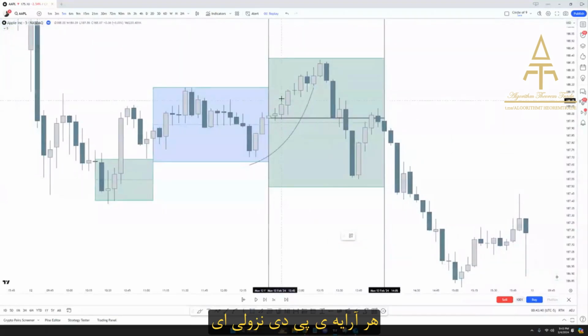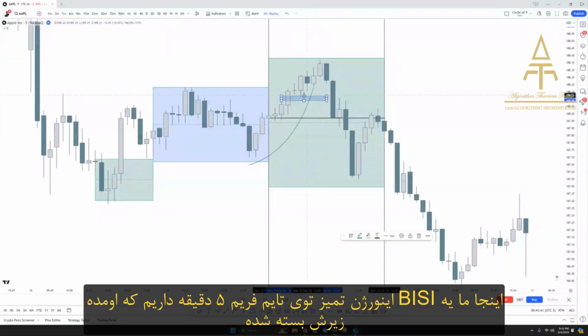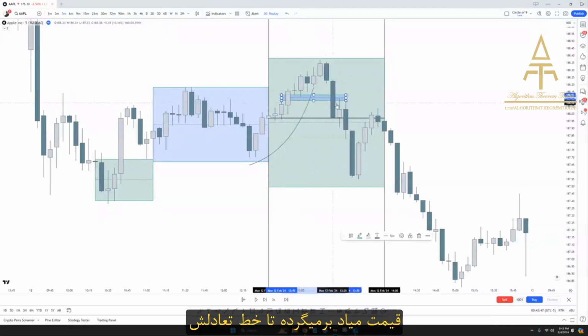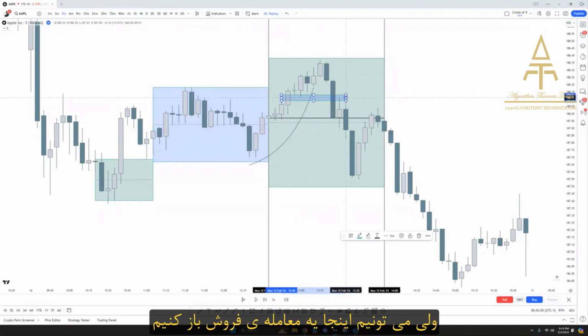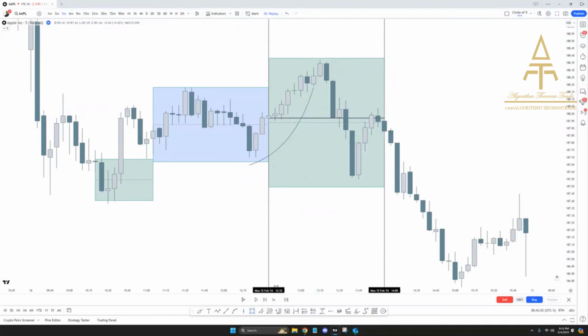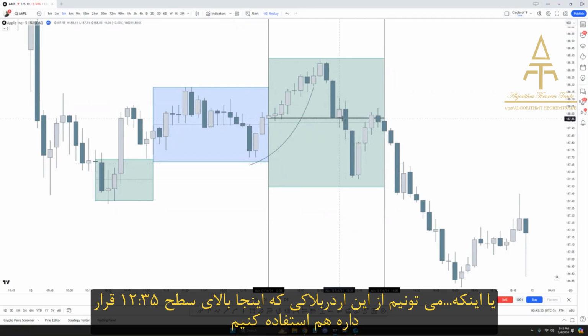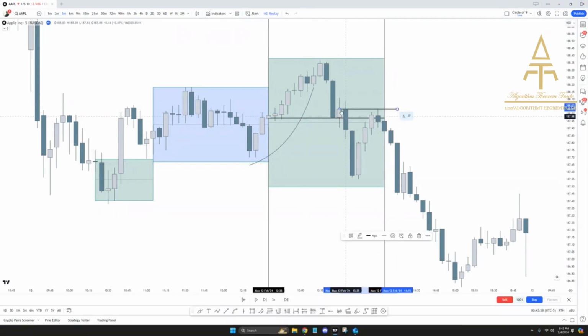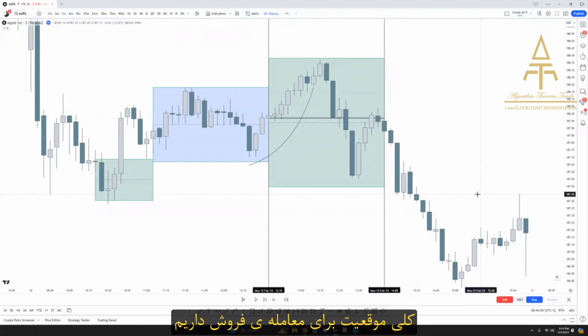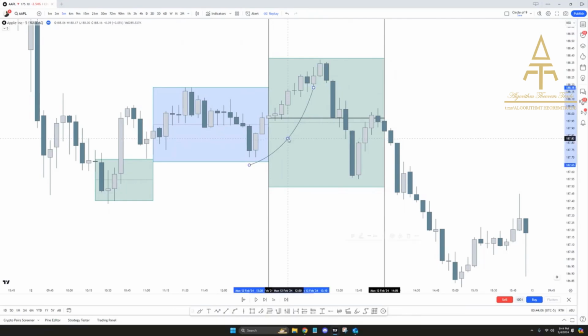So any bearish PD arrays. Here we got a clear bisi inversion on the 5-minute, close below. Price reprices back to the equilibrium of that, and we could try a short there. Or we can simply use the order block that's located here as well, above the 1235. We can short there as well. There are many opportunities to short, right?